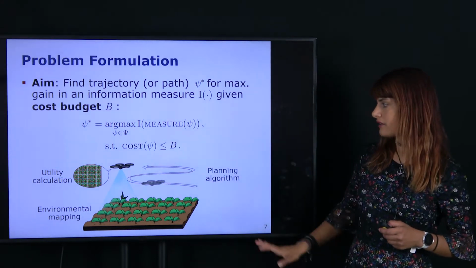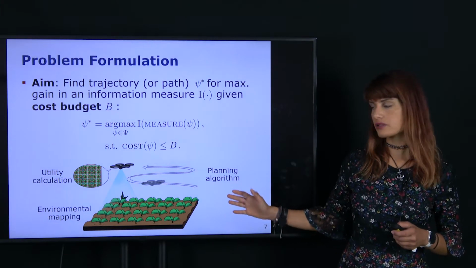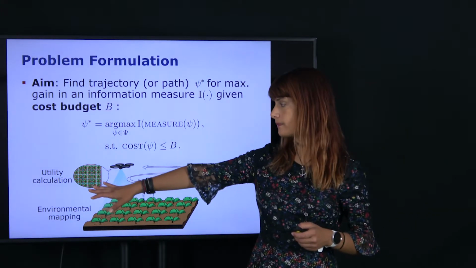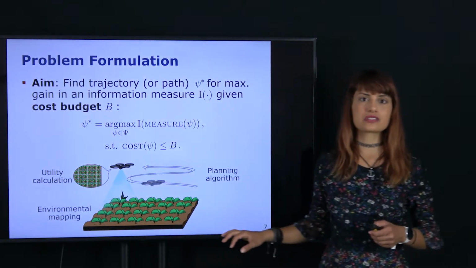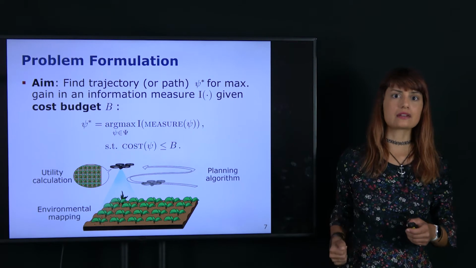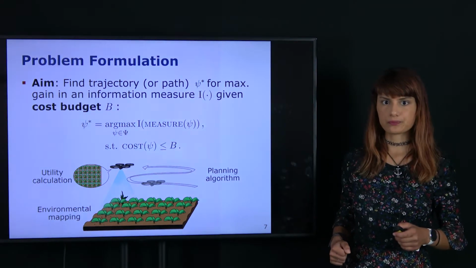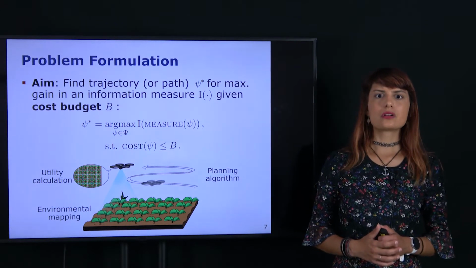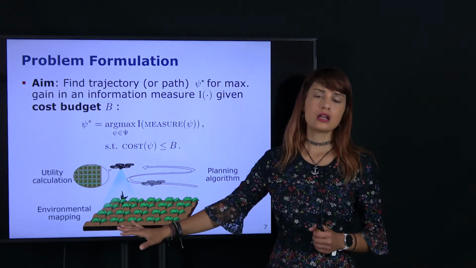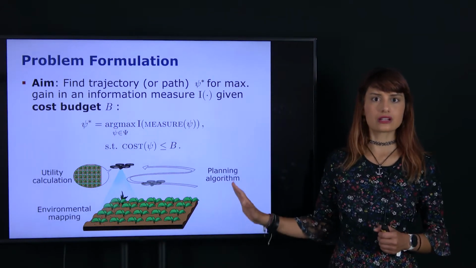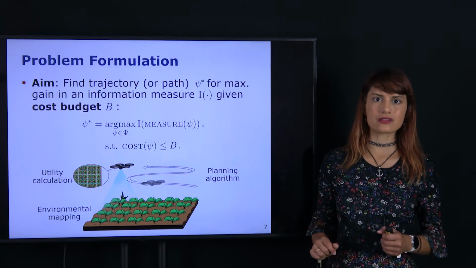And finally, we have the planning algorithm and a set of challenges associated with that, which takes in particular measurement locations that we want to visit and outputs a physical plan given the robot workspace. On the next slides, we're going to go into more detail about the specific challenges in each of these categories, and then later on in the lecture, contextualize them with respect to particular planning and information gathering applications.